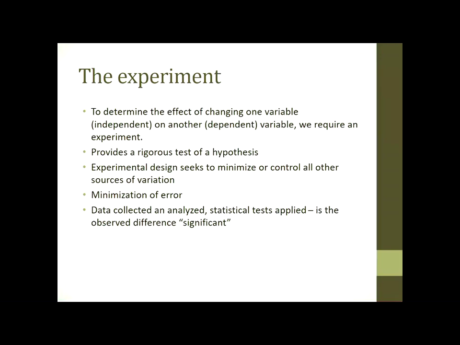So it has this process of minimising error, minimising variation, such that we can then analyse the data, apply some statistical tests, and say whether the observed differences between the treatments are significant. Are they more likely to occur as a treatment effect or by random variation in our system? So it's quite narrow. It's trying to prove or test causality.